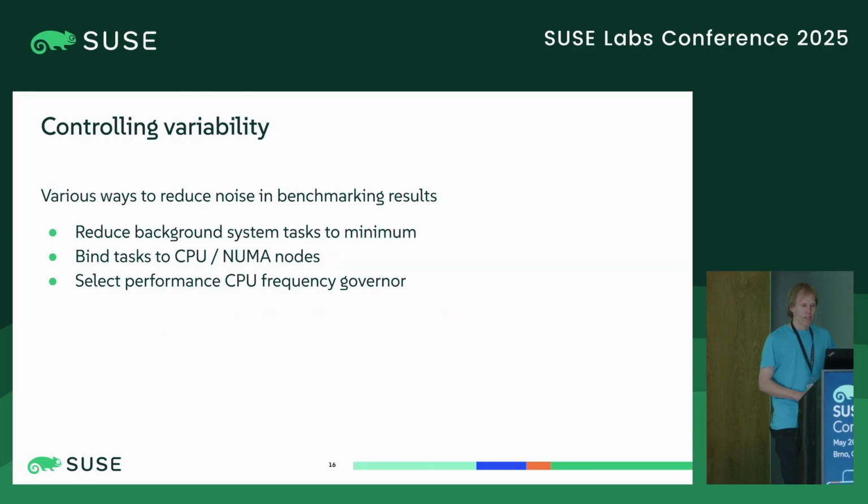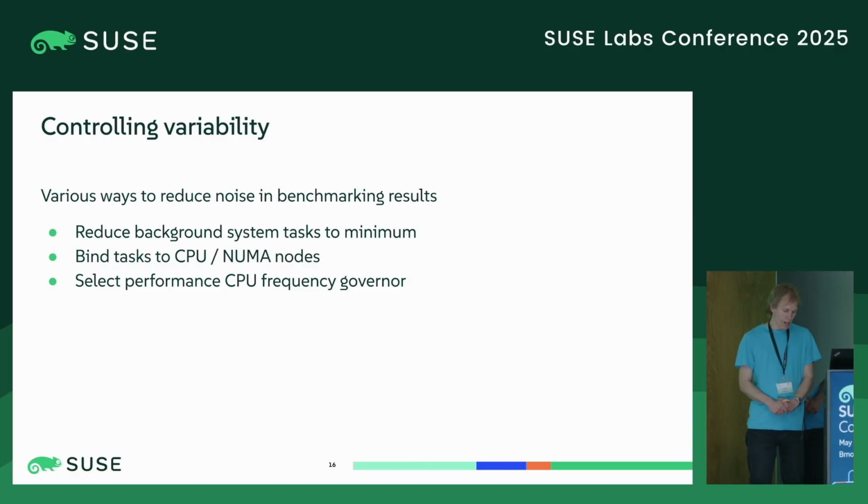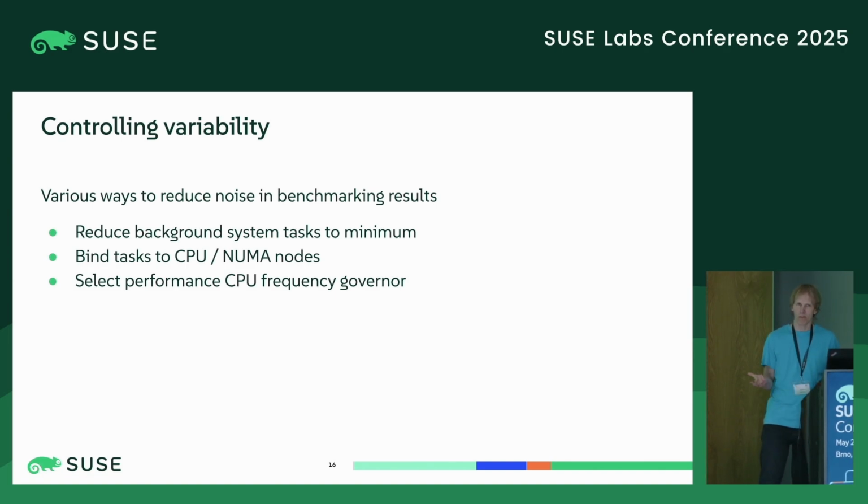So first, let me touch a bit on the attempt to control the variability, which is the first approach which people tend to take. If you gather some benchmarking data and see there is noise big enough to make the comparison hard, then you try to reduce the noise to get a decision.